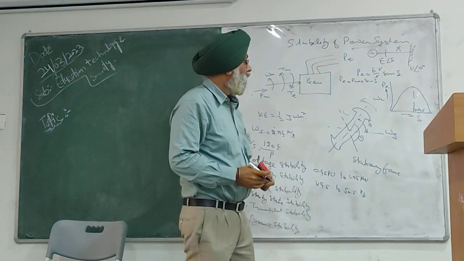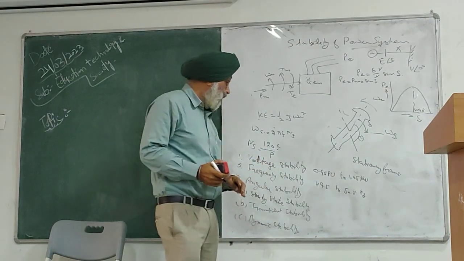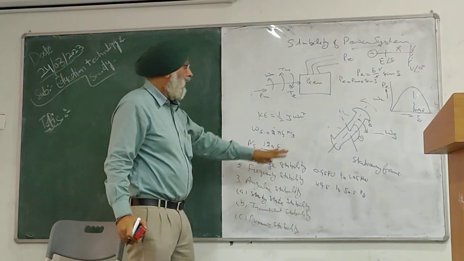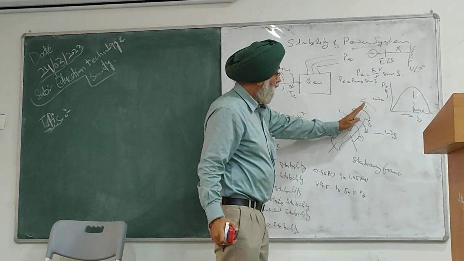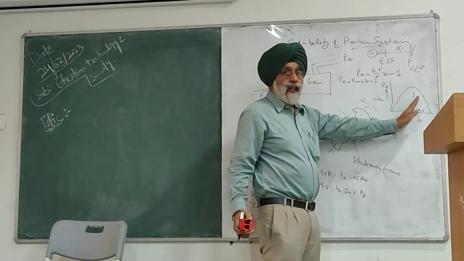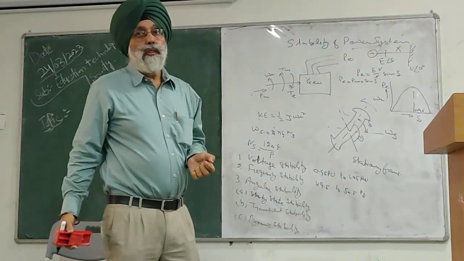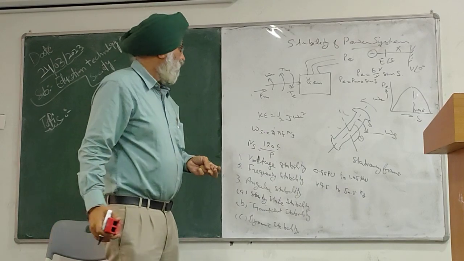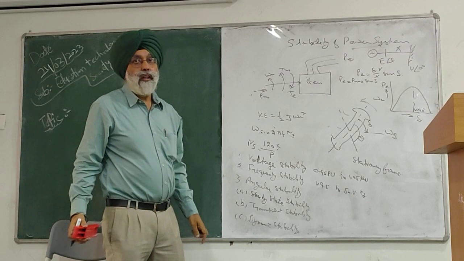So the maximum value of the power can be transferred. If there is a gradual change in your angle delta, and when delta is gradually increased and ultimately it is less than 90 degree, then we can say our machine is a stable one, and this type of stability is known as the steady state stability.